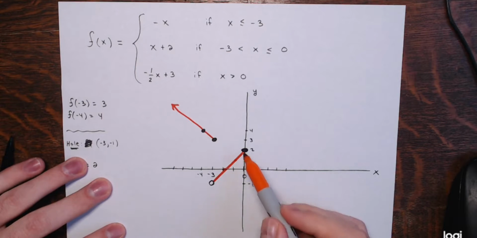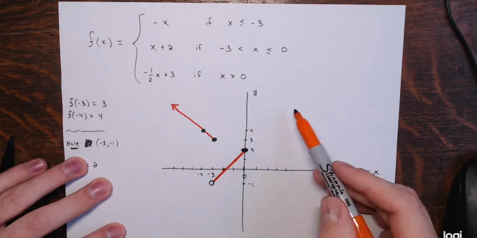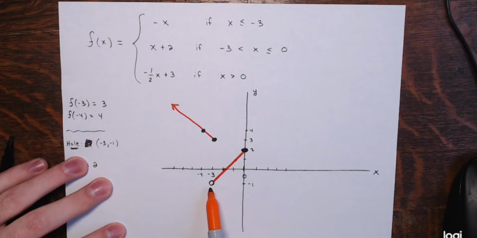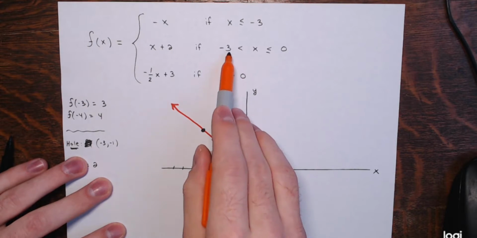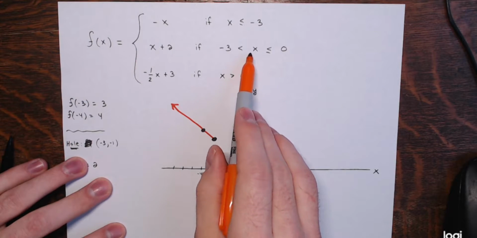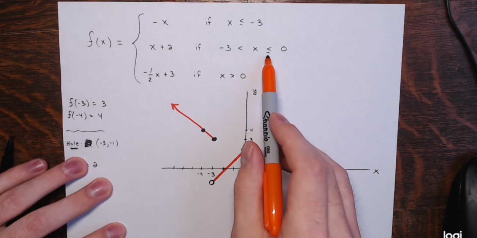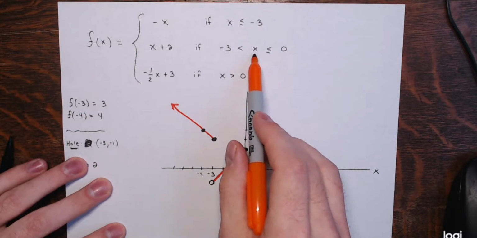But you're just getting a piece of the line y equals x plus 2, not the entire thing. Starting at this hole, again, there's a hole there. One more time, there's a hole here, an open point, because negative 3 isn't actually part of this piece. Right? It doesn't satisfy this condition. But there's a solid point at x equals 0 because x equals 0 does satisfy this piece. Right? It does belong.